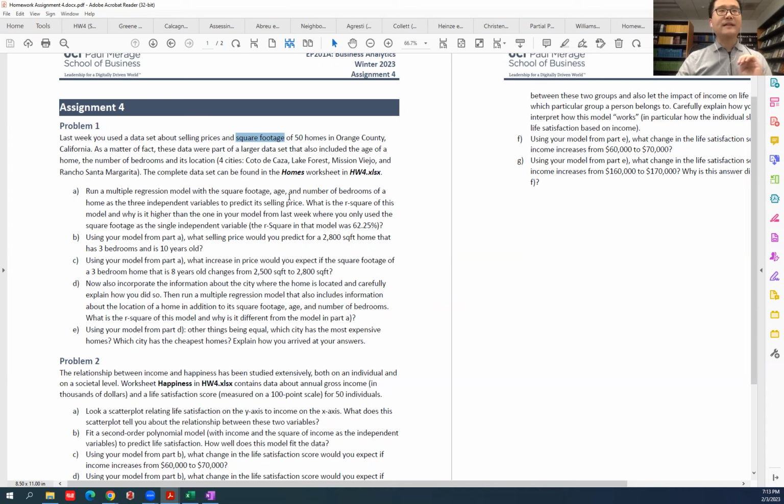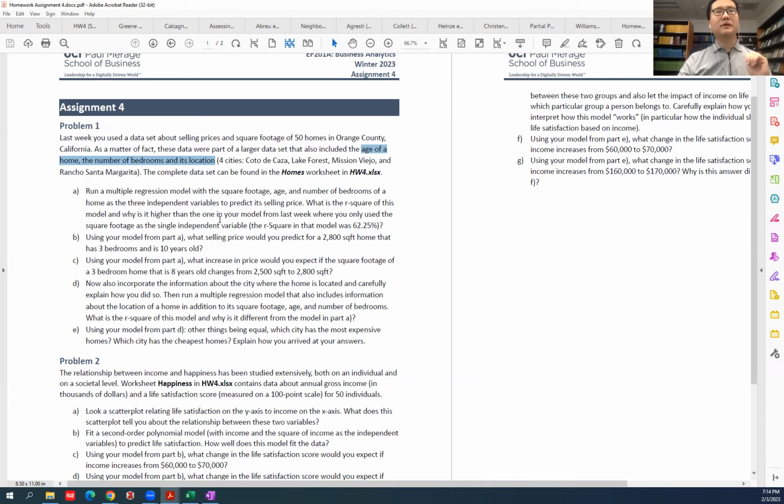However, this week we added a few more predictors. That's age, the number of bedrooms, and the location. And one student asked particularly that the estimate for the age of a home was positive. However, she was expecting a negative estimate. Let's see what we need to do for these questions.